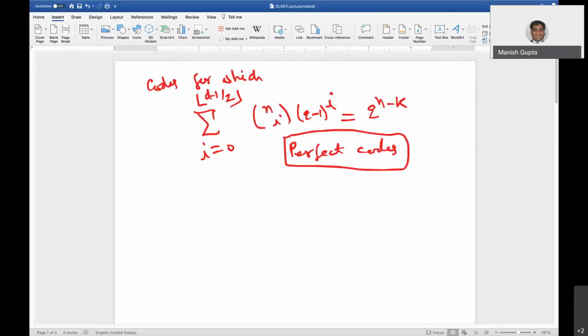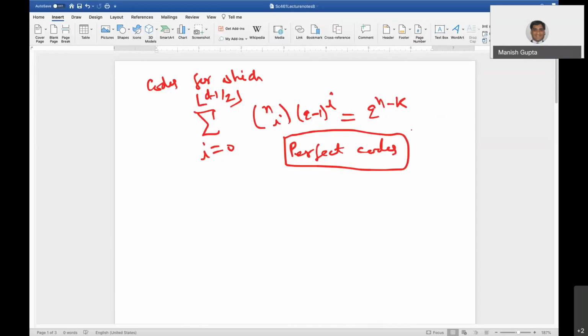What we are doing here is taking a linear code C, or even a general code C in the space F_q raised to the power n, taking each code word in C and drawing spheres of radius t. These spheres are disjoint, we know from our previous lectures.